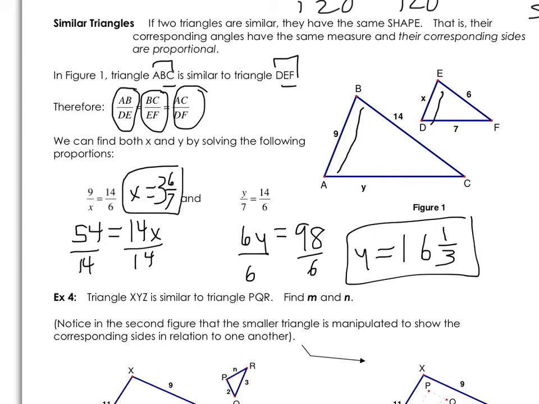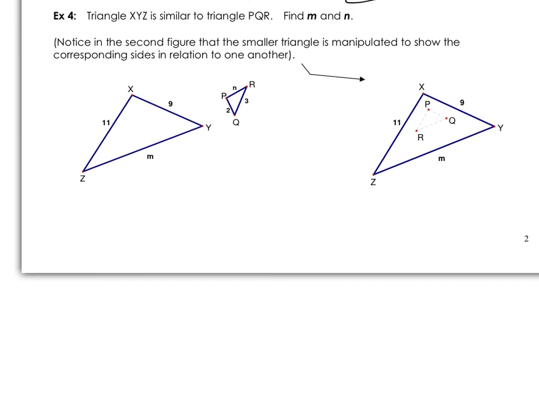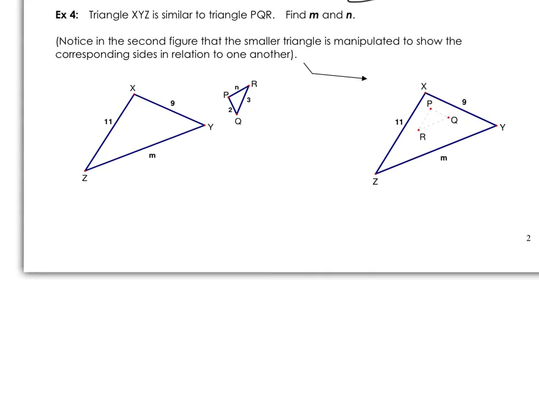So let's set up our proportions very carefully, making sure that we go through the letters in the same order. When you look at the triangles originally on the left-hand side here, it's kind of hard to see what the relationship is.